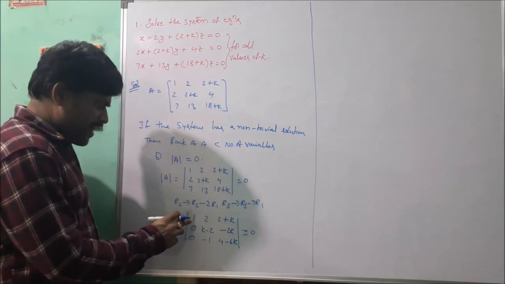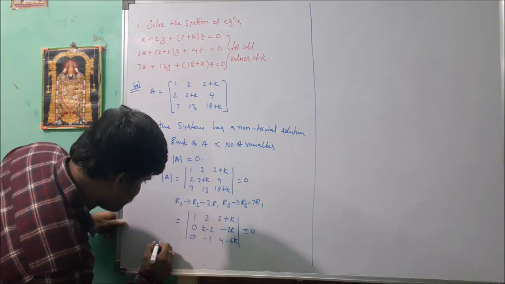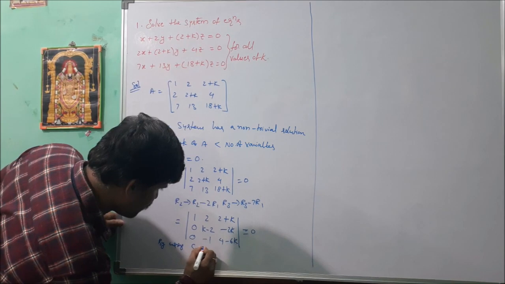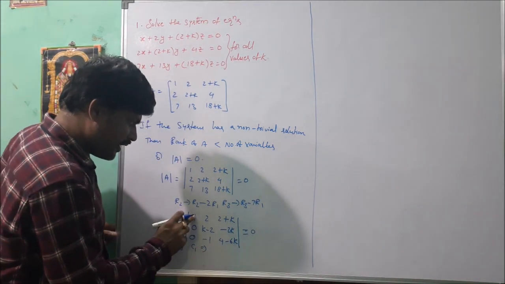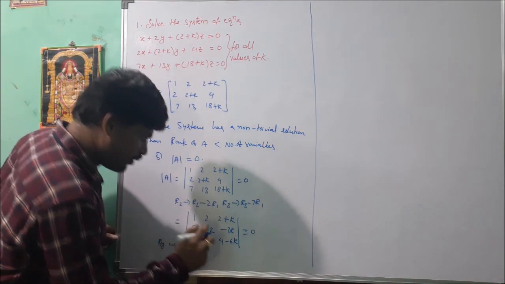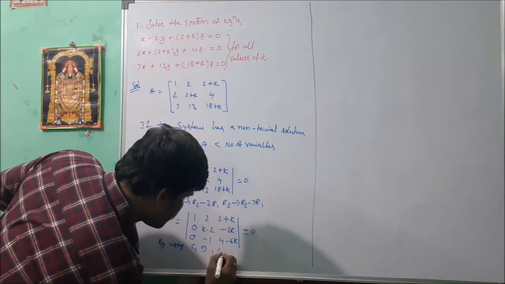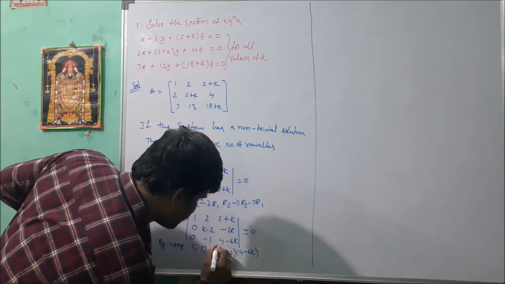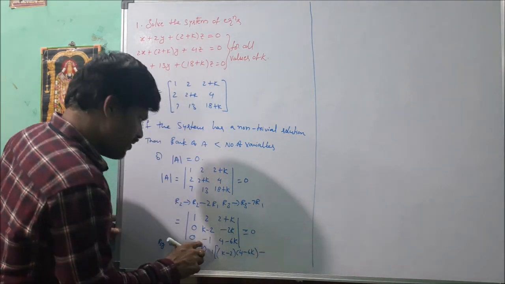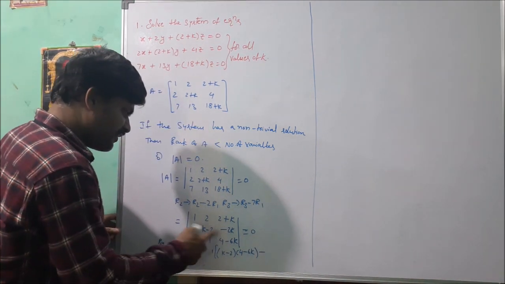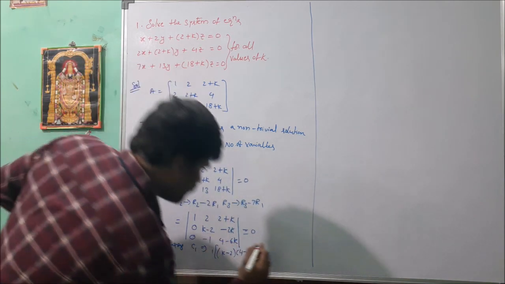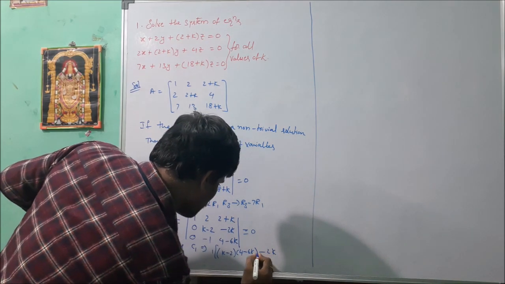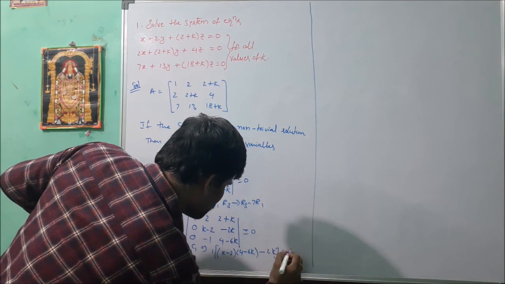Now expanding along C1, we get 1 into (k into (4 minus 6k)) minus (k minus 2) into (minus 2k) equals 0.